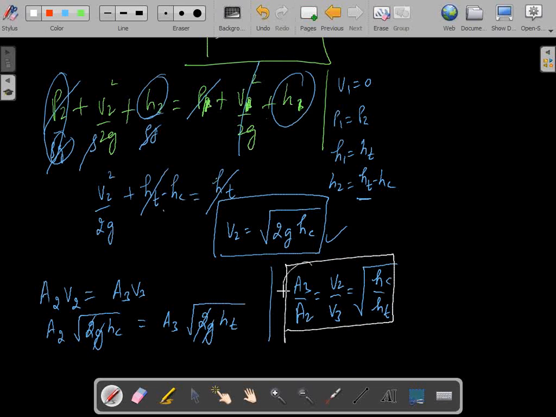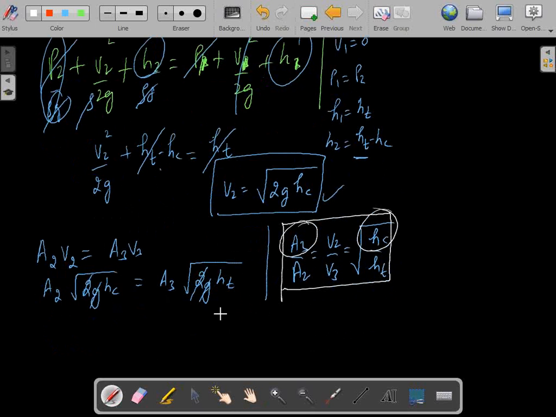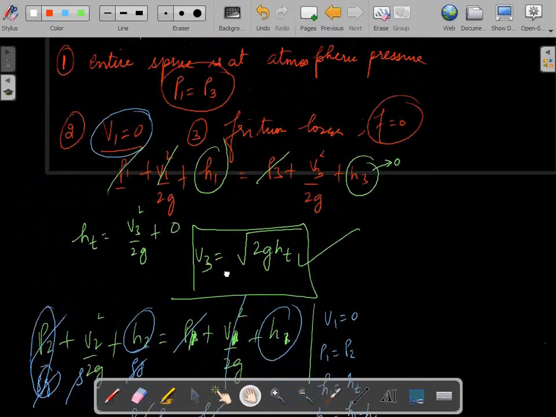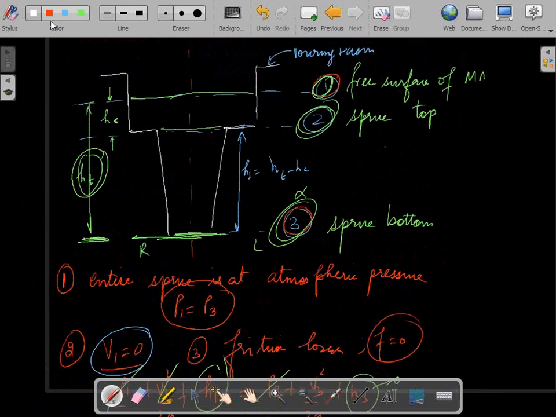So this is the relation between the cross-section area and the height, which tells us, if you look at it, area is proportional to root h, or you can say h is proportional to area square. So your area is varying parabolically as you decrease the height. Okay, so this is what is happening. As your height changes, your area changes parabolically. So in actual or in theoretical sense, this is not a straight line.